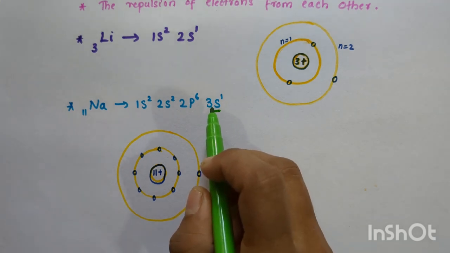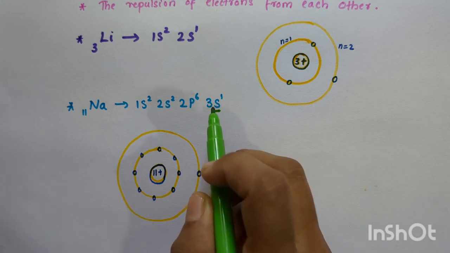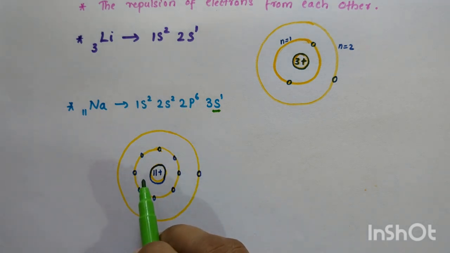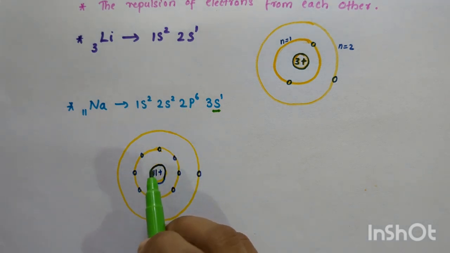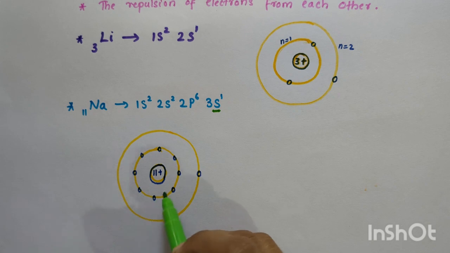The valence electron is the 3s electron. It is shielded from the nucleus by the inner core of 1s, 2s and 2p electrons. For sodium, 11 protons are there in the nucleus, so 11 positive charges are there in the nucleus.